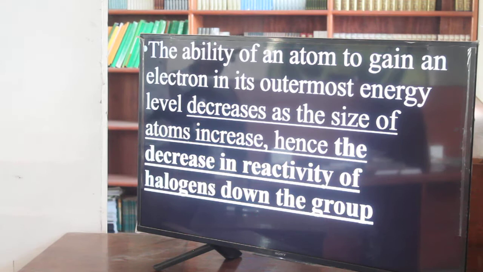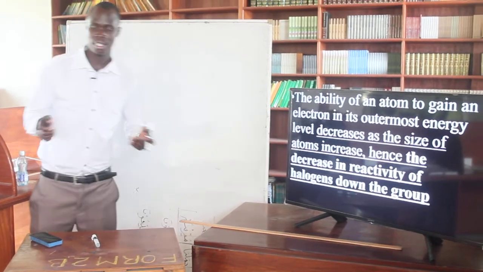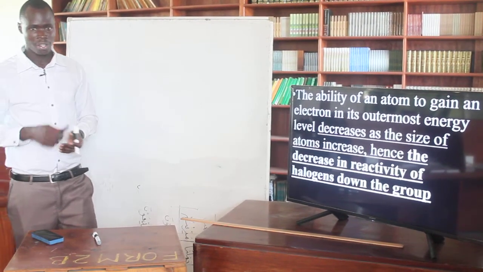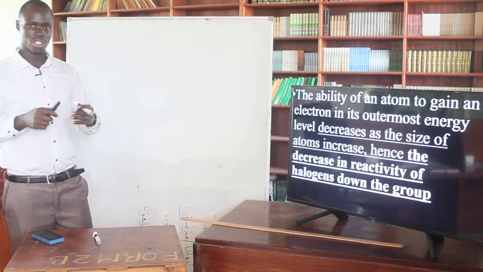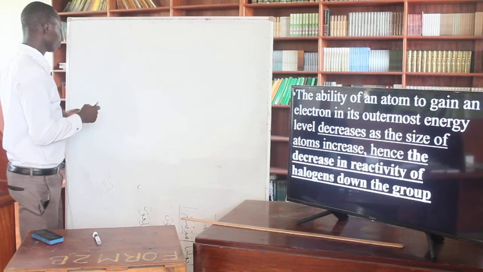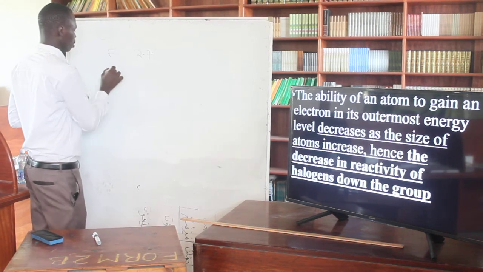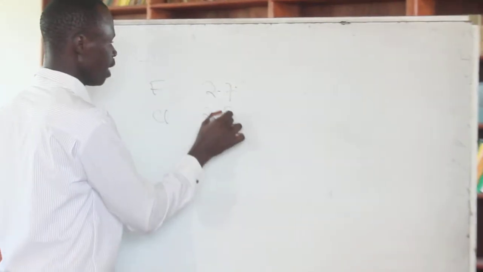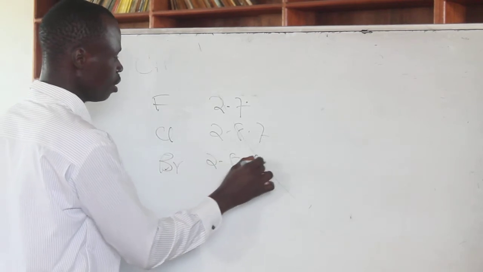Now, the ability of an atom to gain an electron in the outermost energy level decreases as the size of the atom increases. And I think this is a concept I've already explained. The reason as to why the gain of electrons decreases down the group. For example, fluorine is 2, 7, chlorine is 2, 8, 7, bromine is 2, 8, 18, 7.